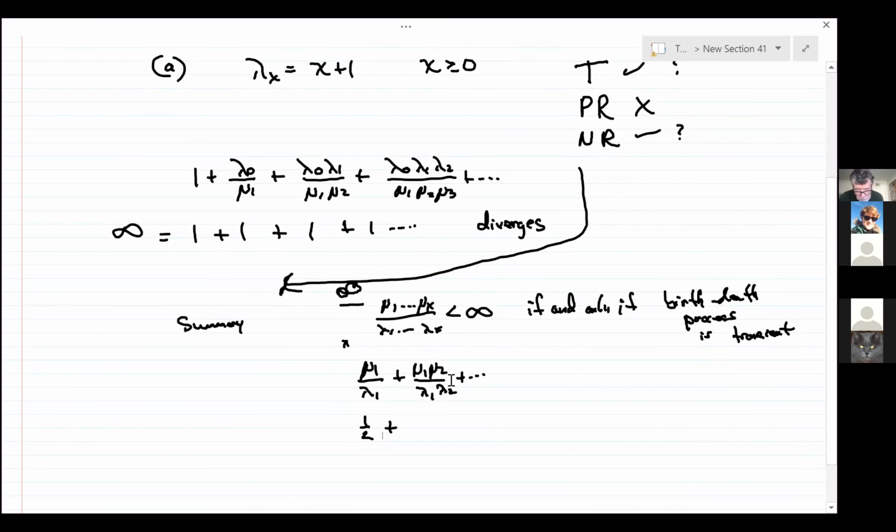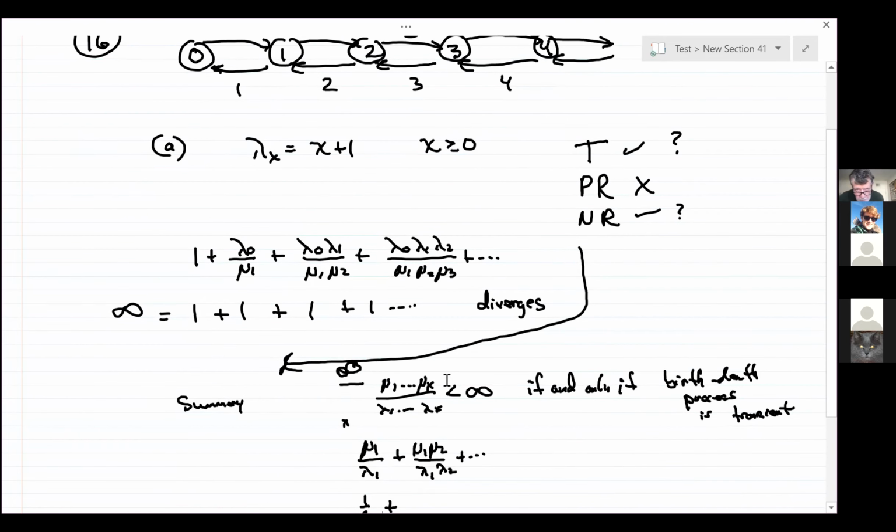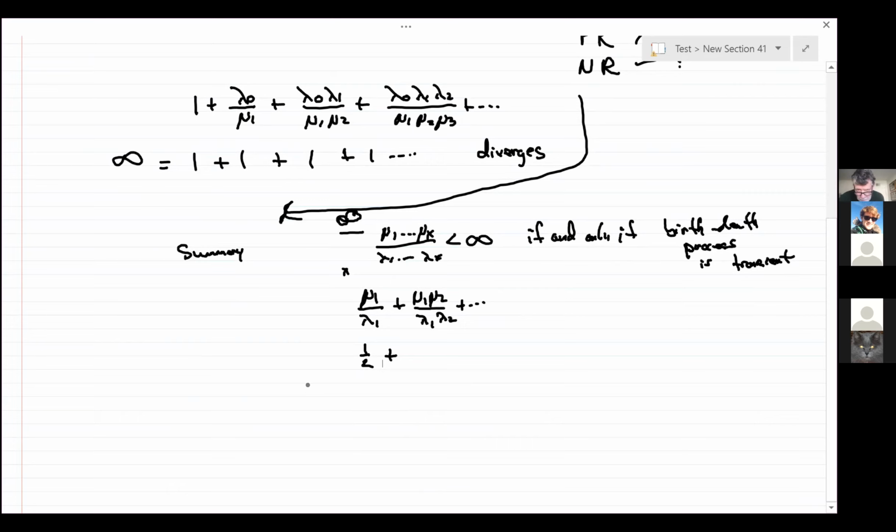What is mu2? mu2 is 2. And lambda 2 is 3. So that looks like 1/2 times, what did I just say? 2 over 3.